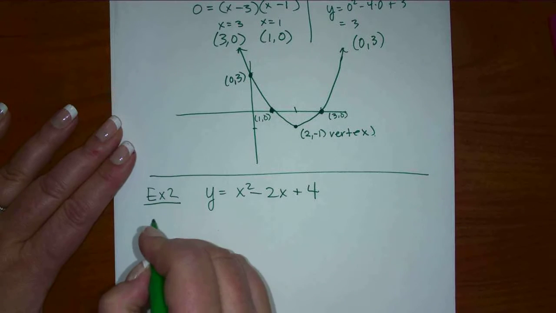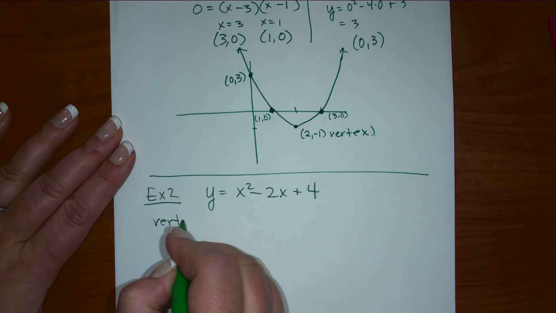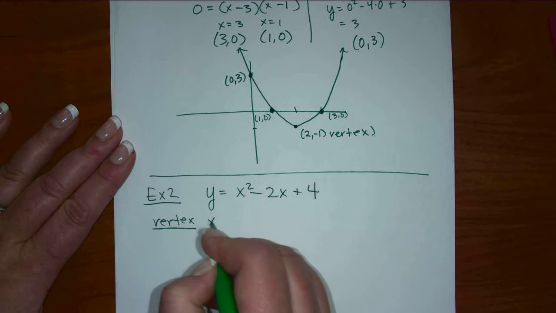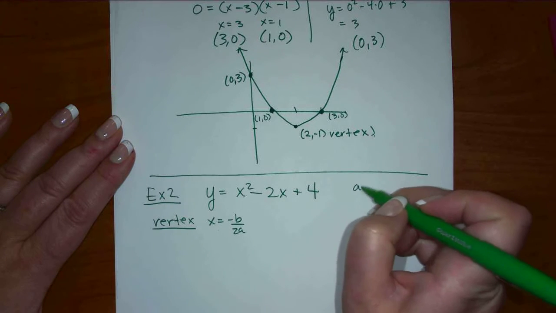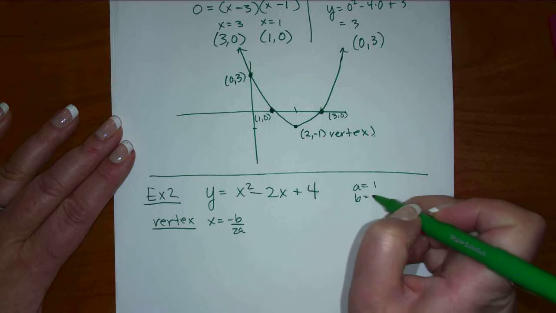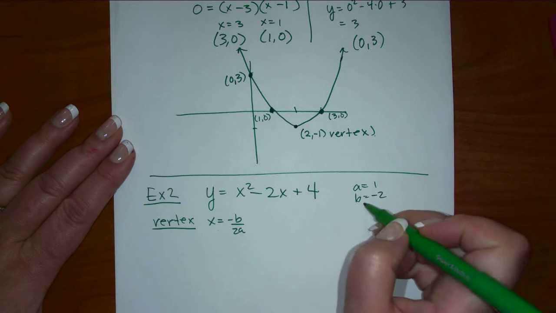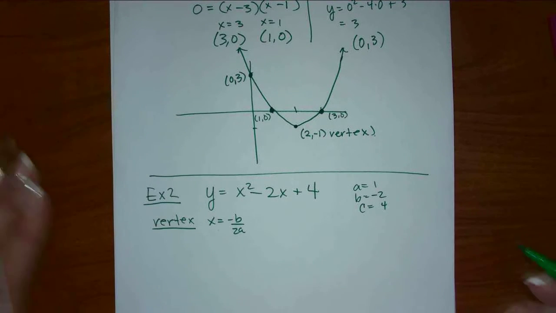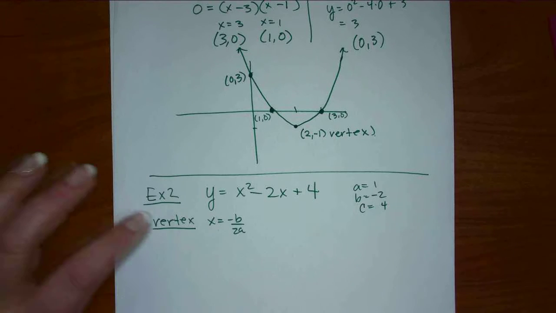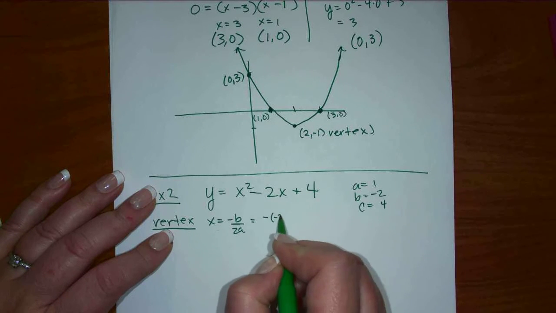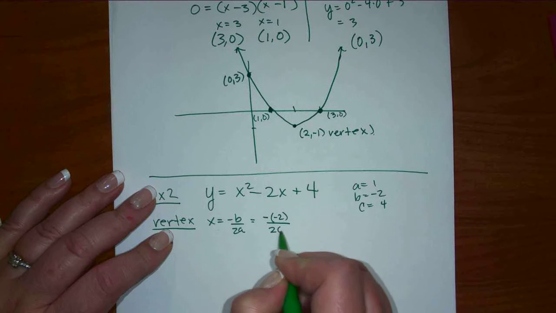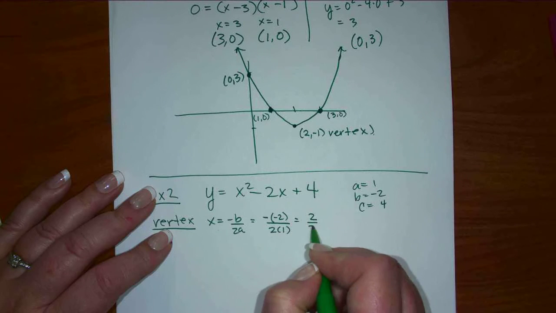So vertex. x equals minus b over 2a. So a is 1, b is minus 2. c I can write down, but we don't really need it unless you use the quadratic equation later. So minus b, minus the minus 2 over 2 times a. 1.